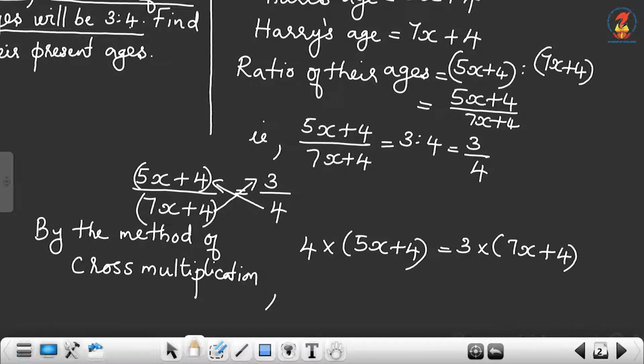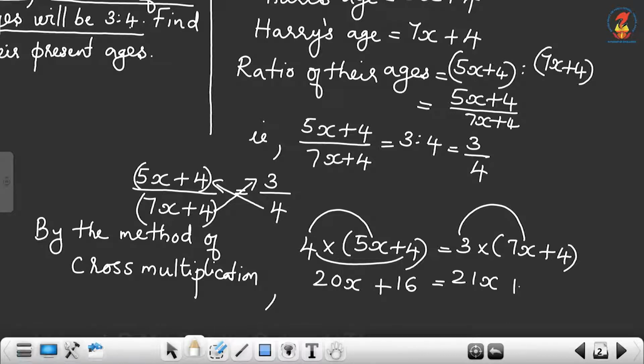Now we have to open the bracket. 4 into 5x, 20x, plus 4 into 4, 16, equal to 3 into 7x, 21x, plus 3 into 4 which is equal to 12.